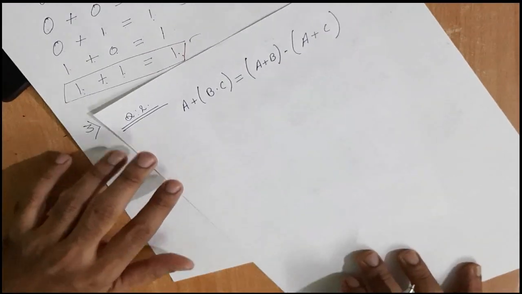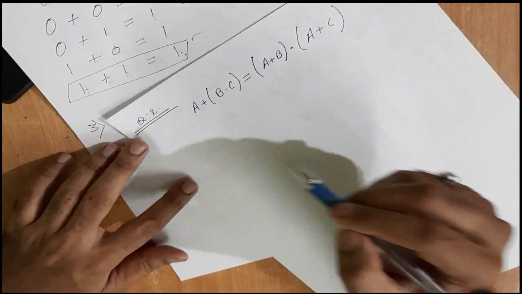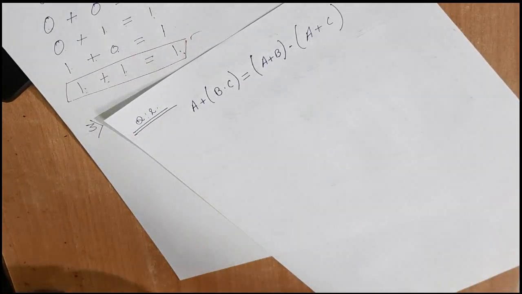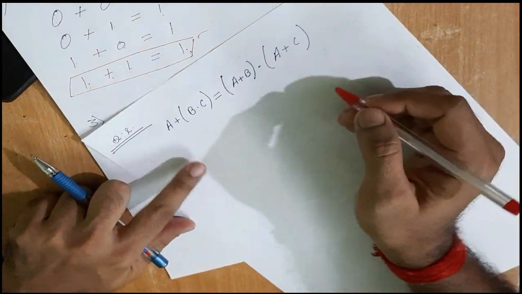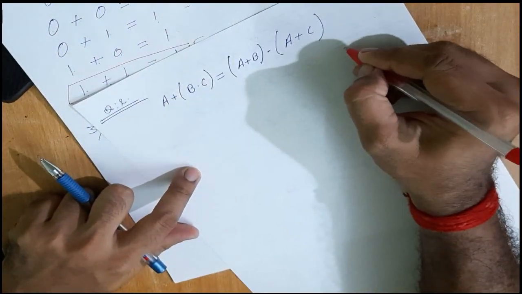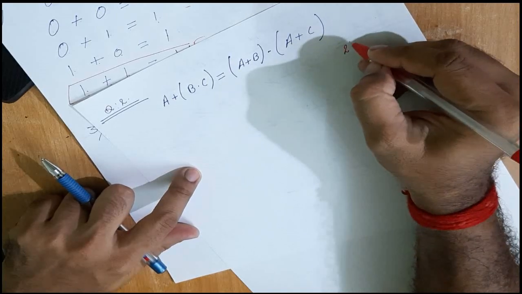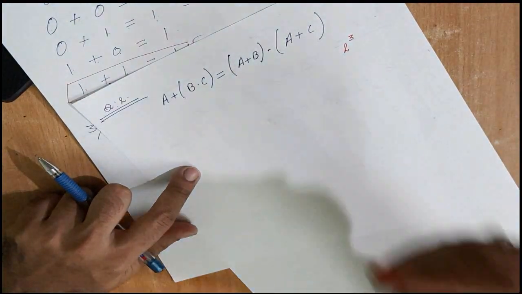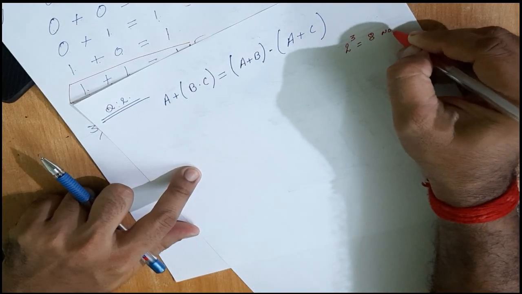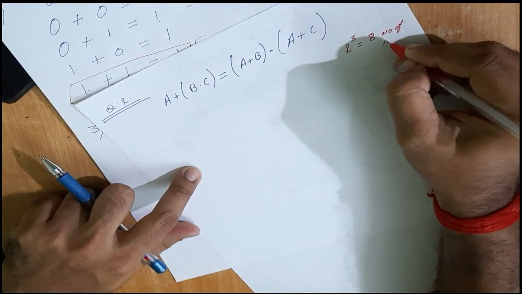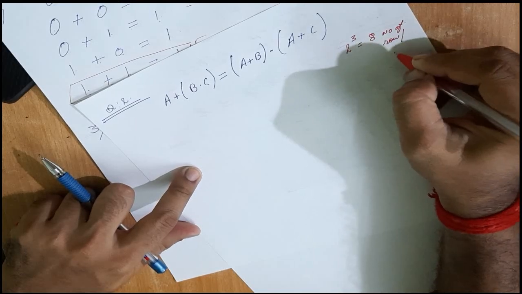Now, first, as we know, if we have three variables like A, B and C, that means we'll have 2 to the power of 3, that is 8 number of rows or combinations.